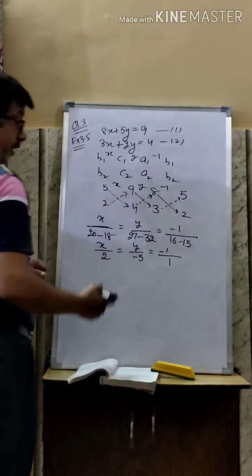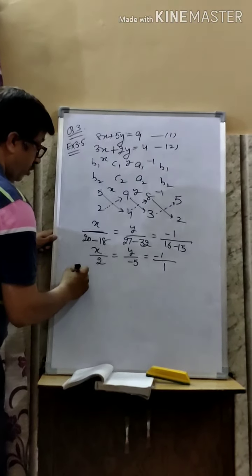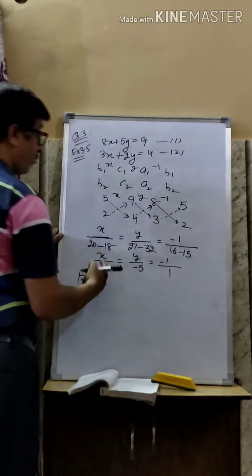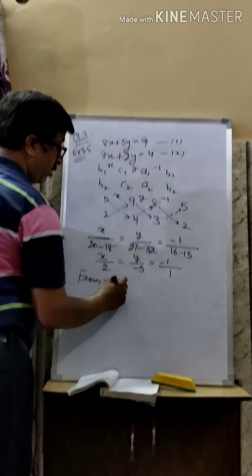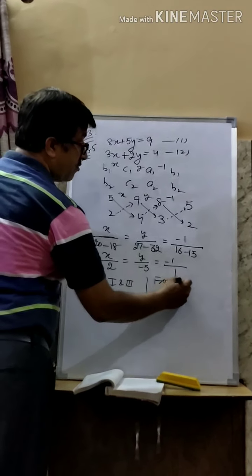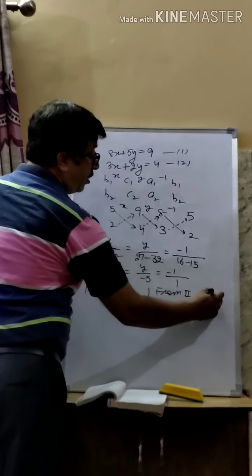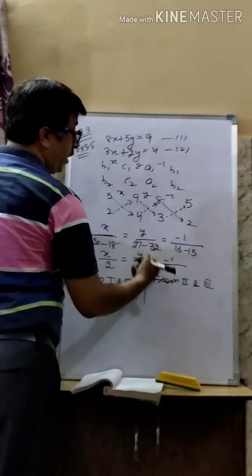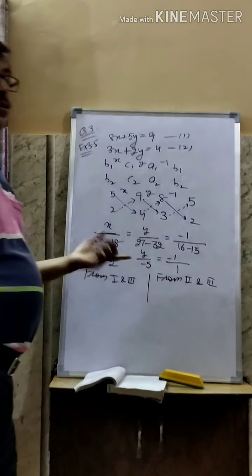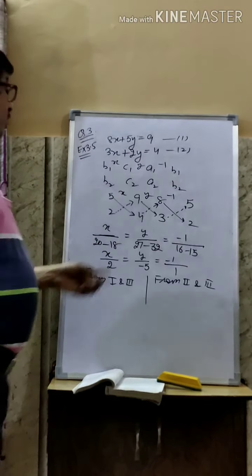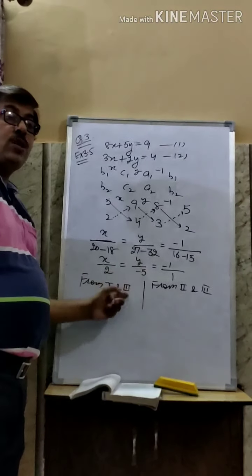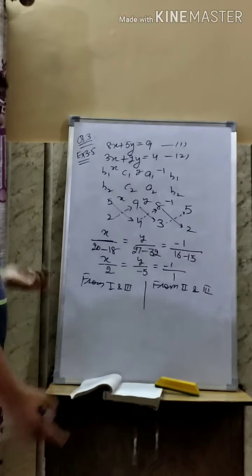Clear this? So now next step, what will we do? These three terms are equal, so you take first and third, and then second and third. Because if I take second and third, then cross multiply, only y will come. If I take first and third, cross multiply, only x will come. If I take first and second, no value will come, it's a mix of x and y.